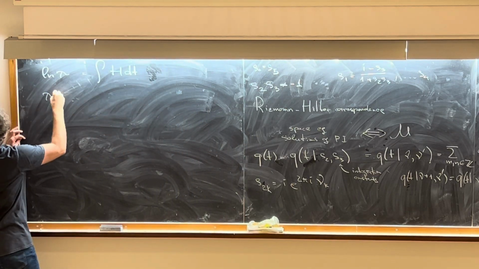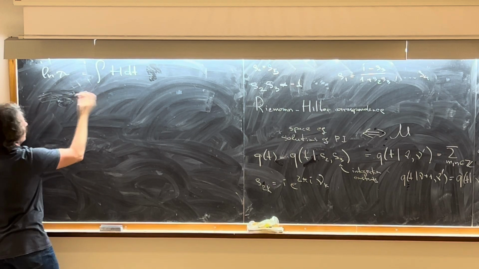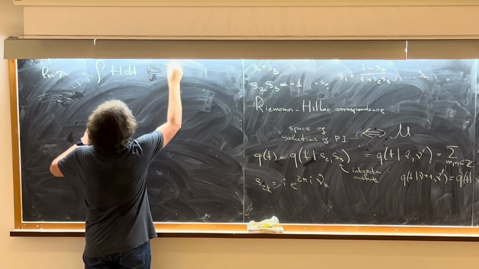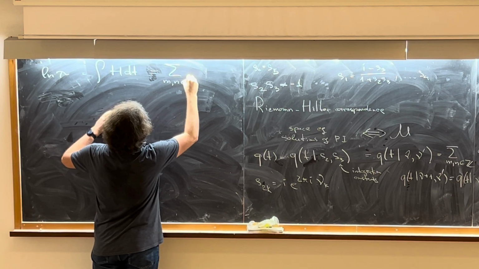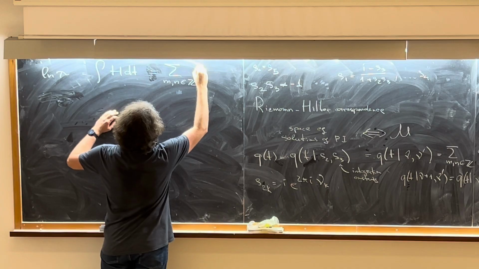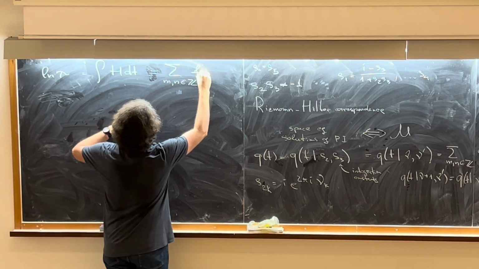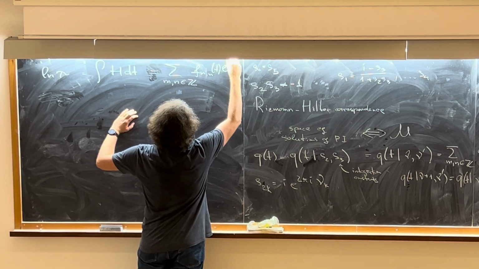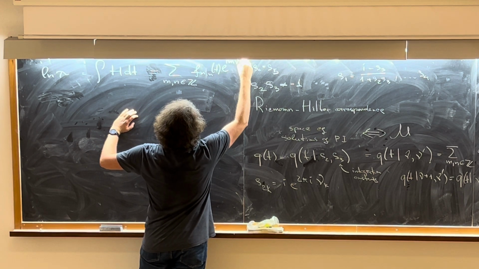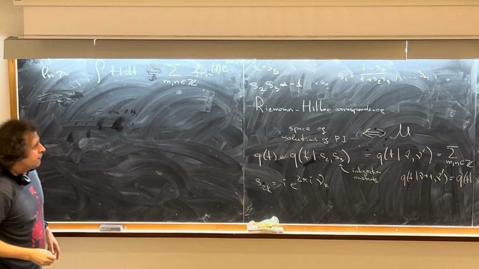Okay, so let me write tau of t, or yeah, log tau of t would be equal to a sum with respect to m and n integers, and then some functions f mn of t here, exponential of 2 pi i m nu plus 2 pi i n nu prime.